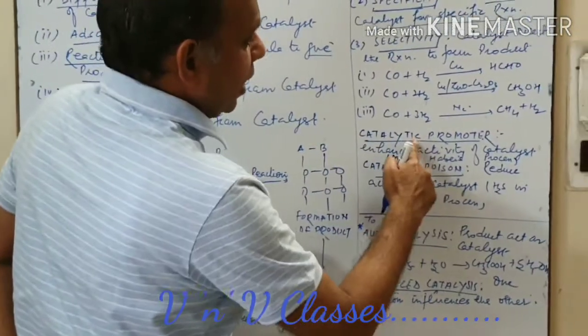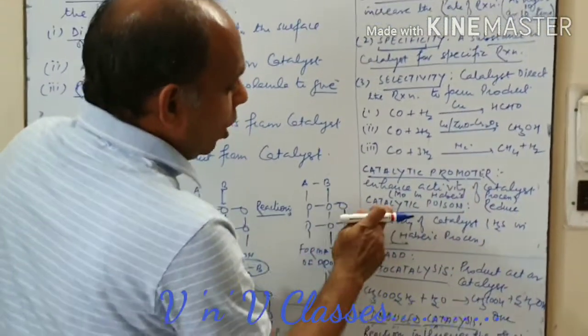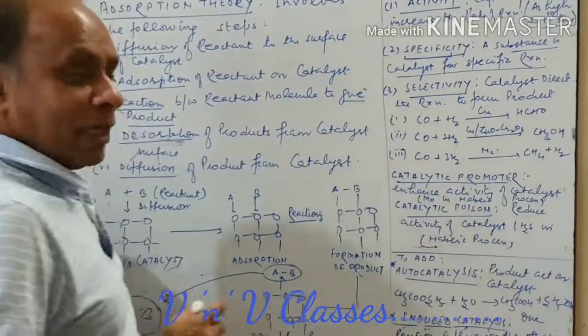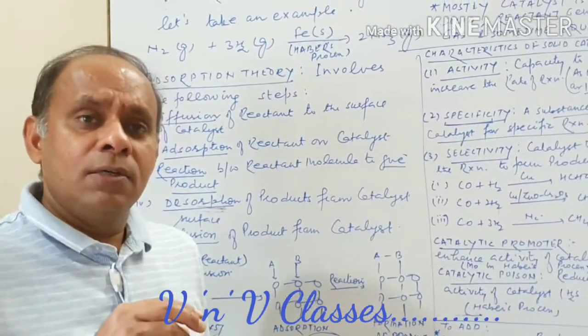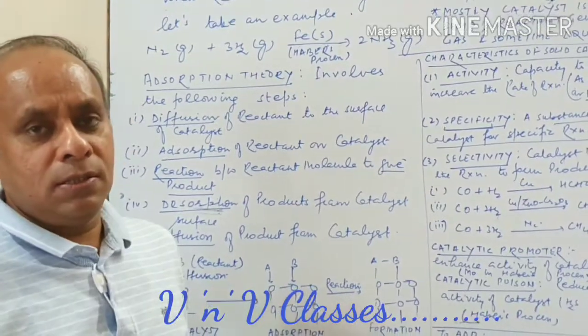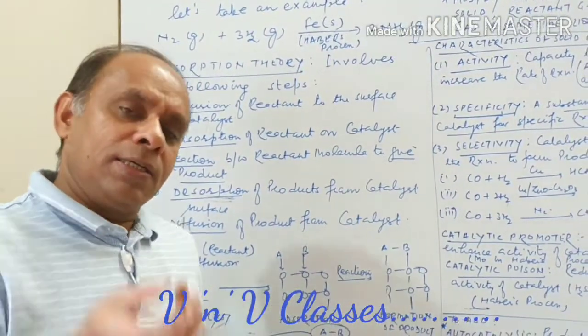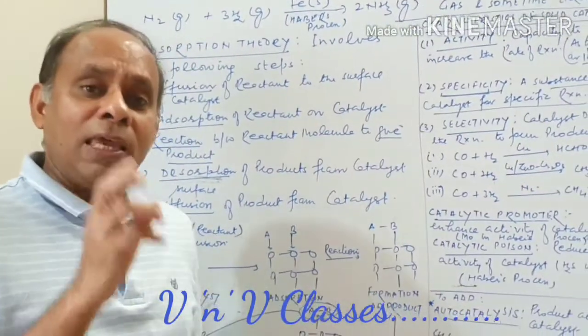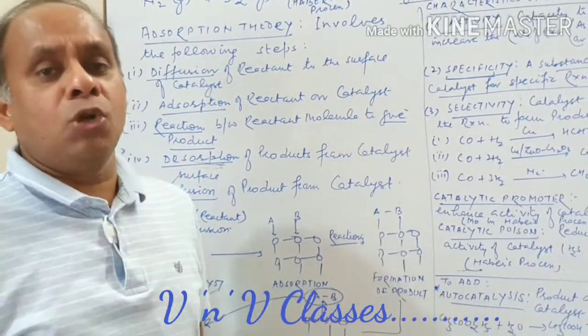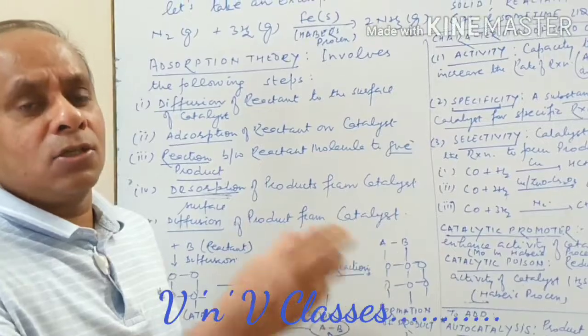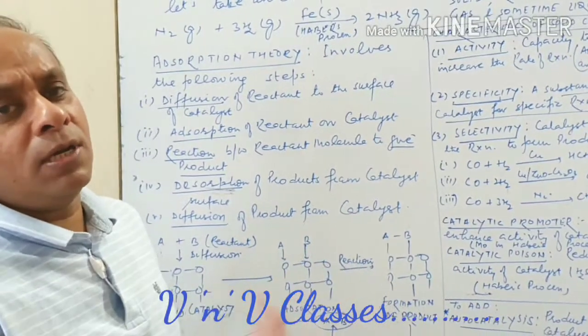One is called catalytic promoter, and another is called catalytic poison. Catalytic promoter means that which increases the effect of catalyst. The catalyst is increasing the rate of reaction, but a catalytic promoter promotes this catalyst to work better in a particular reaction.